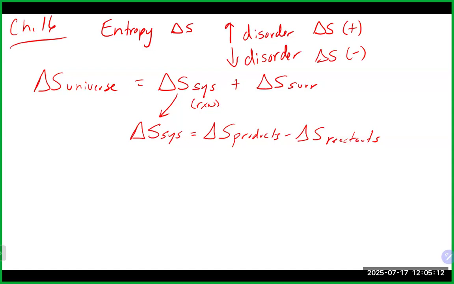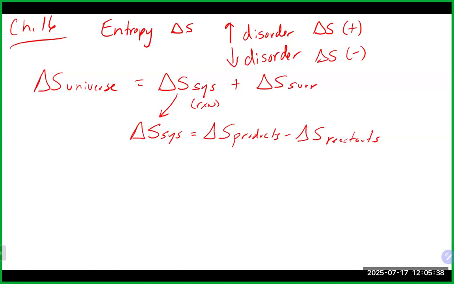Remember that you can make a fairly good prediction of the sign of the delta S of the system based on, for example, gas molecules in an equation. If you create more gas molecules than you started with, then you cause a lot more disorder because there are a lot more gas molecules flying around, and you would expect the delta S there to be a positive value.